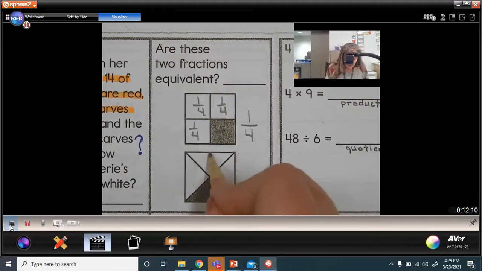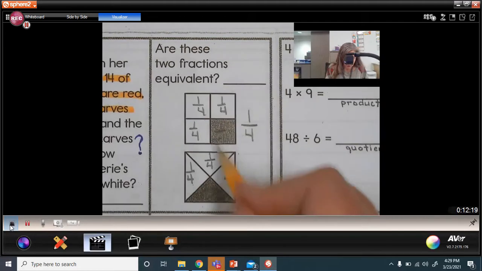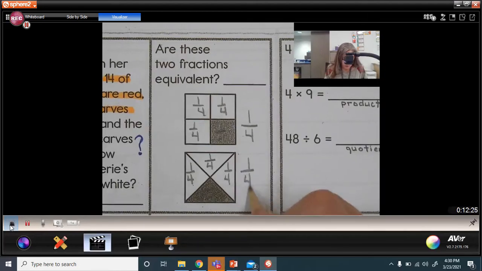Now, even though this is partitioned into different shapes of pieces, these are squares and this is a triangle, still 1/4 of that square is going to be shaded. So is this equivalent?